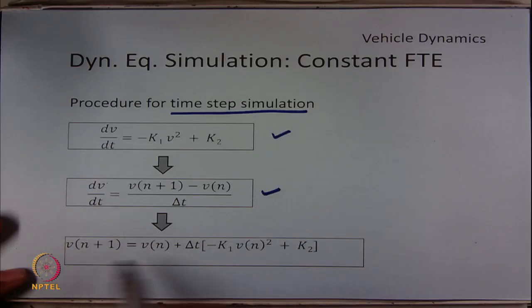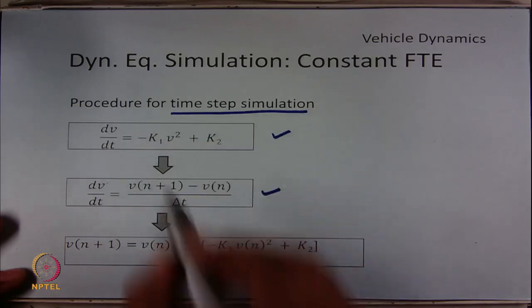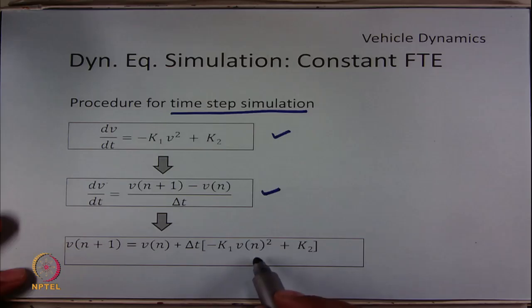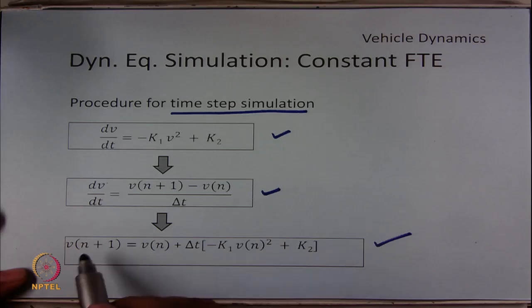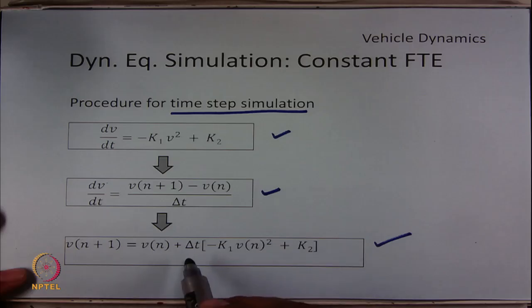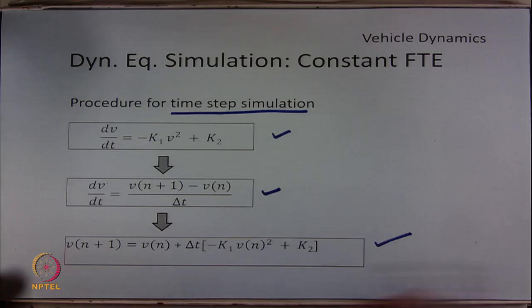So, v n plus 1 is v n plus delta t into the product of this. This velocity also will become v of n, which is the current velocity. If we start from v n of 0 and keep substituting new values of v n plus 1 in the next sample for the values of k1, k2 and delta t, we will be able to plot these values with respect to time.